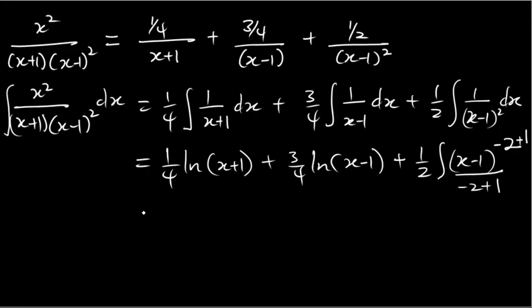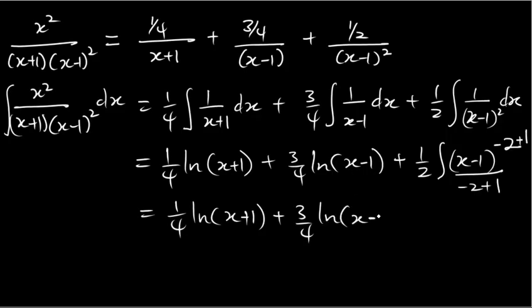Negative 2 plus 1. And finally, I'm going to get 1 on 4 ln of x plus 1, plus 3 on 4 ln of x minus 1, plus, with that, meaning if you solve, you are going to get 1 on 2. This is going to give us negative, multiplying a negative x minus 1. Here is going to give us negative 1.